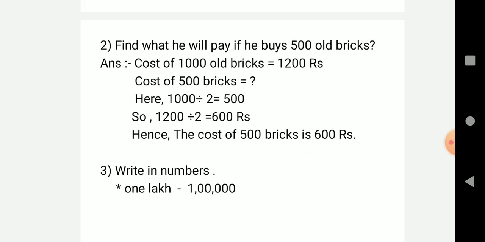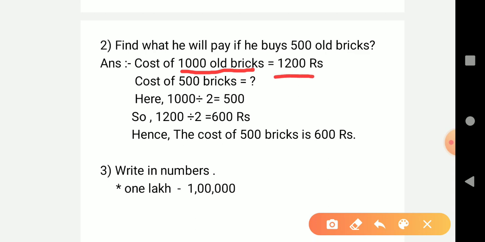Now my second question is, find what he will pay if he buys 500 old bricks. अगर वो सिर्फ 500 old bricks लेना चाहे, तो उसे कितने पैसे पे करने होंगे? Okay, we know that the cost of 1000 old bricks is rupees 1200. So what is the cost of 500 bricks? We know that 500 bricks is half of 1000.